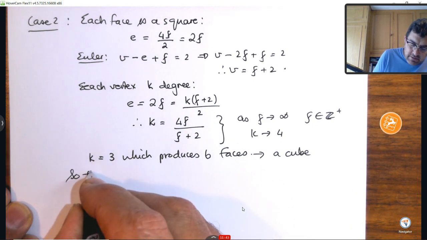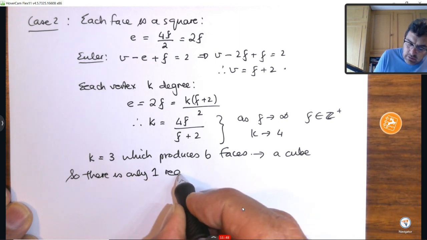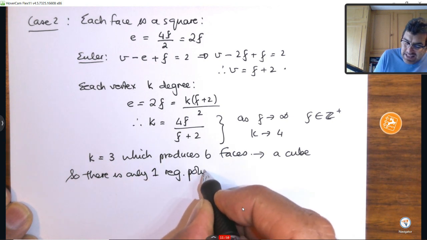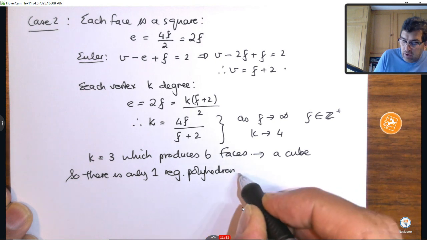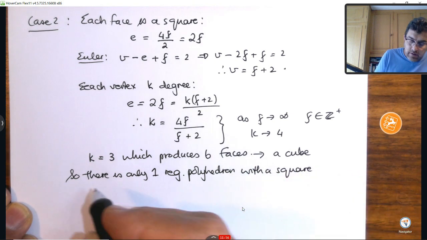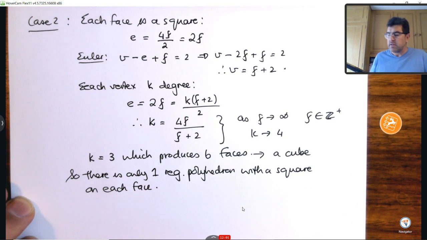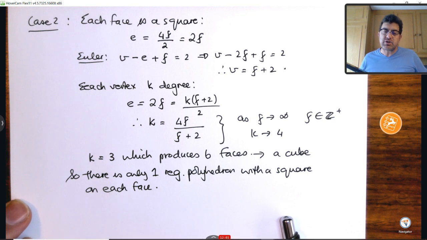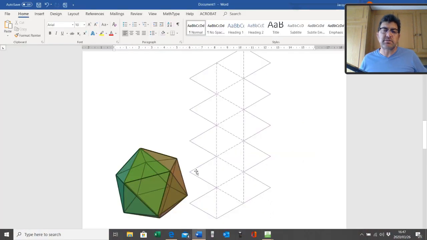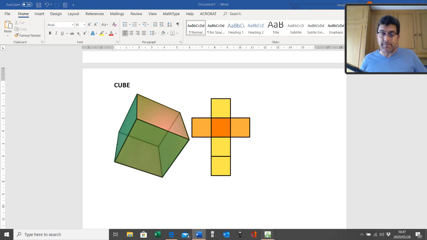So there is only one regular polyhedron with a square on each face, and that is the cube. Now I'm sure you know what it looks like, but in case you didn't, let me take you to the cube. There's the cube. It has 6 faces, and each of those faces is indeed a square.